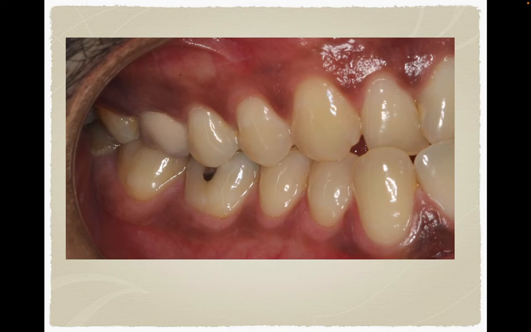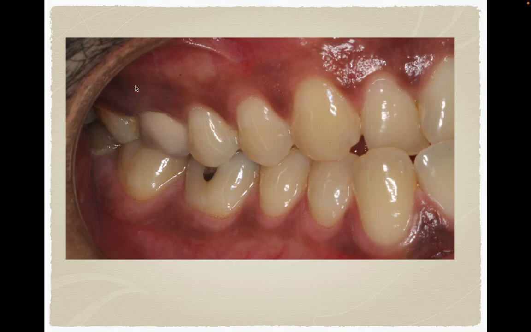So let's start one by one. If you have a patient with a class 3, in order to fix this one, you need either to distalize the lower teeth posteriorly so that the 5 will move to the embrasure between the 6 and 5, and that would be a class 1. Or this mesiobuccal cusp has to move all the way forward until it is in the groove.